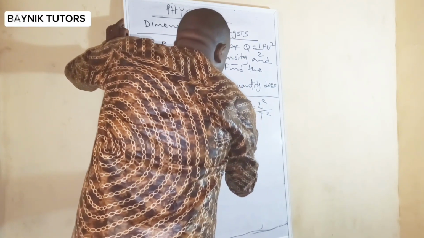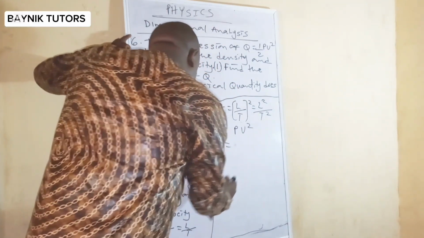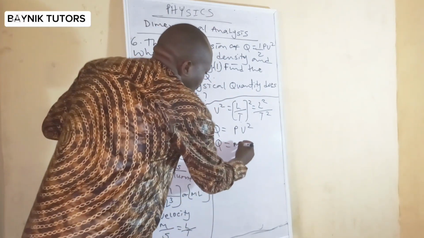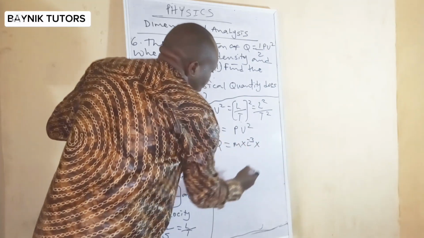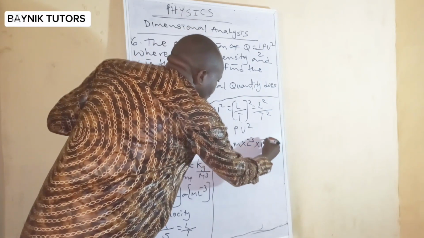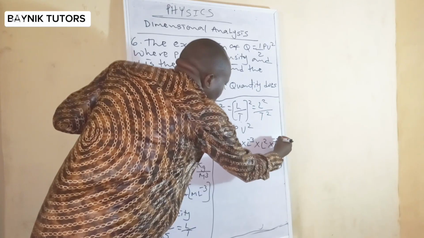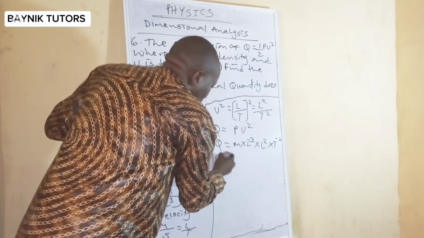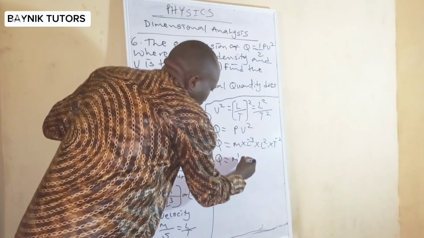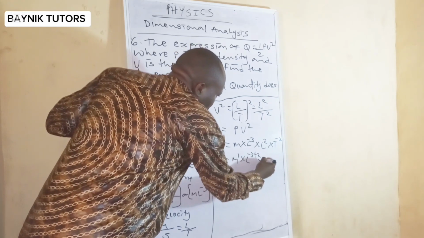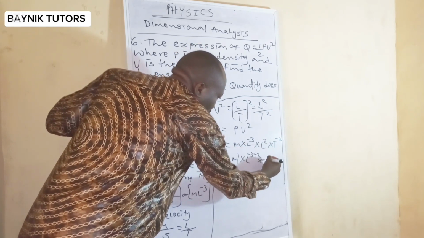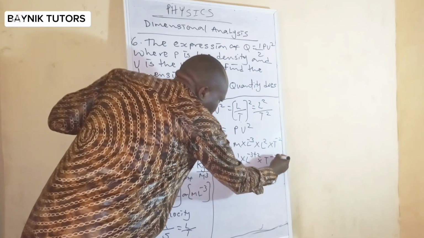So Q will now be L times L raised to power minus 2, then times L square times T raised to power minus 2. So Q is equal to M raised to power 1, L raised to power minus 3 plus 2, applying the multiplication law, T raised to power minus 2.